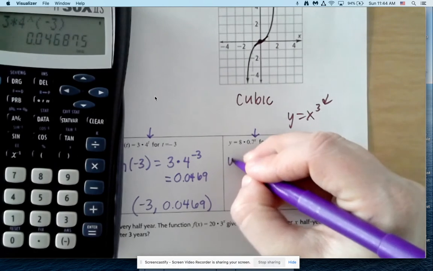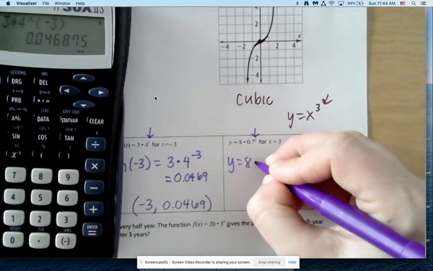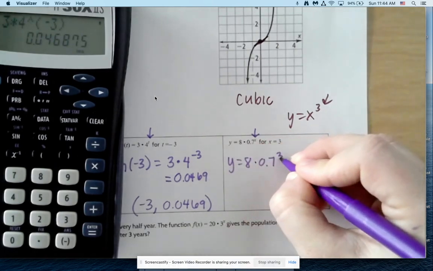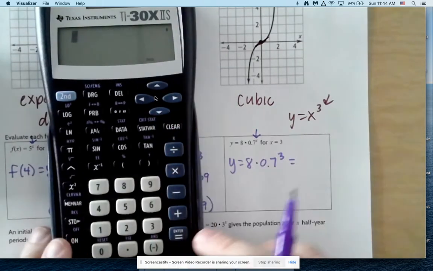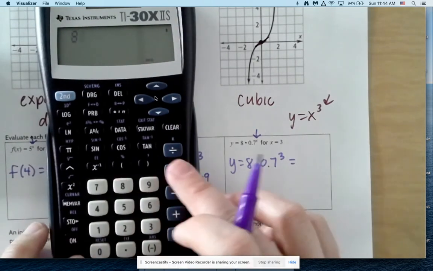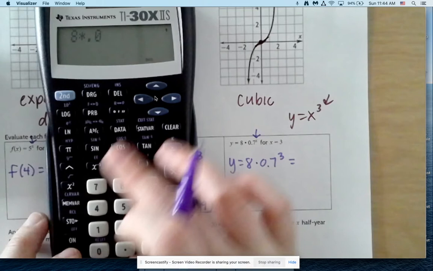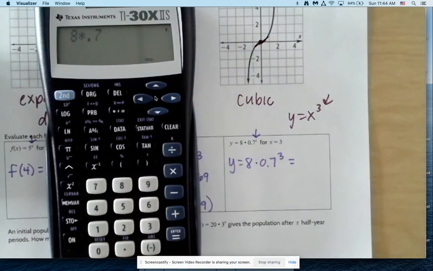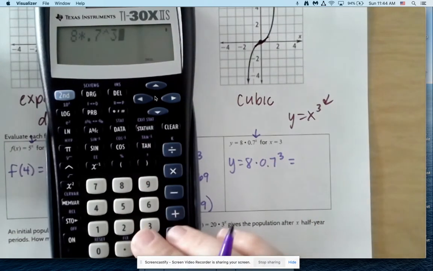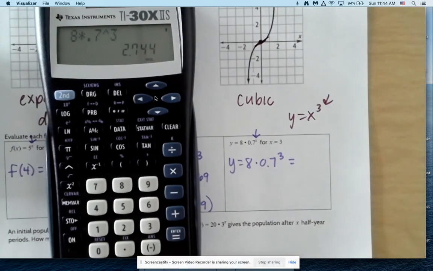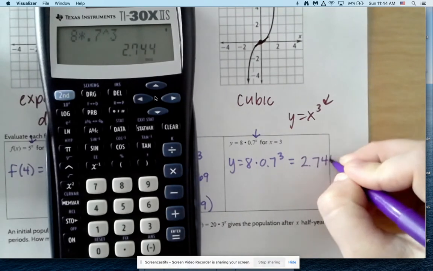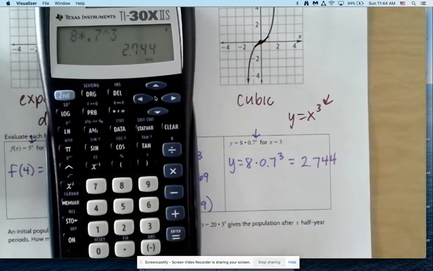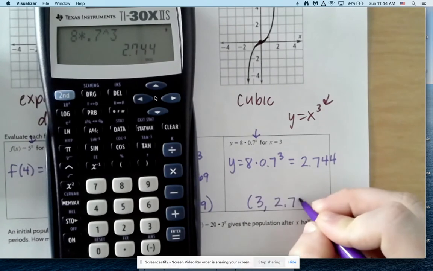So let's plug in 8 times 0.7 to the power of 3, and type it in our calculator. We're getting 2.744. So again, we plugged in 3 and our output was 2.744.